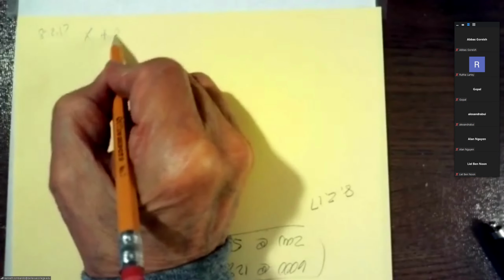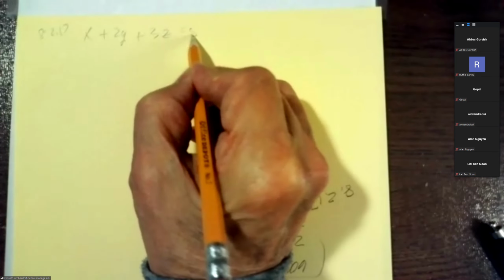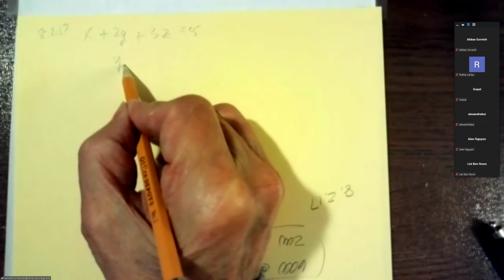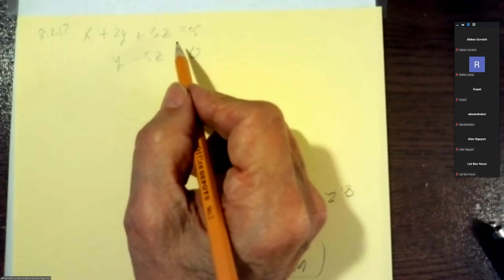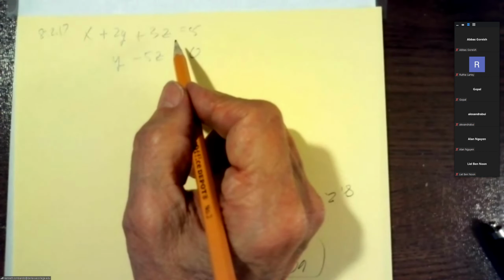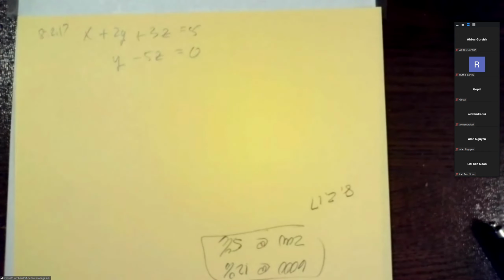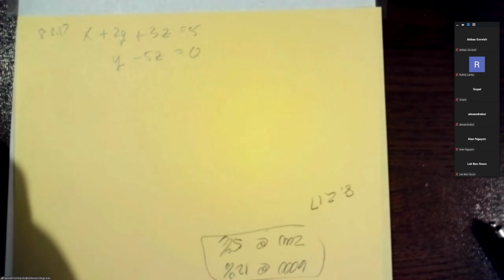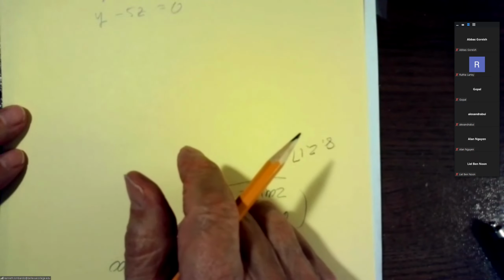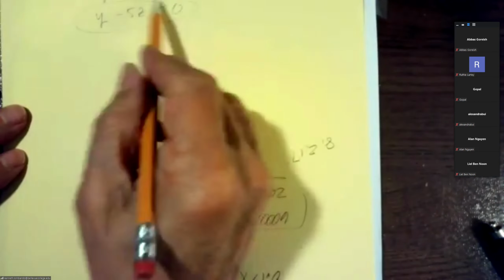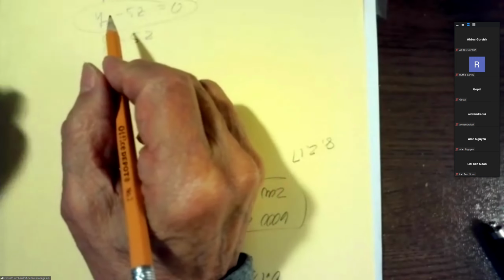That's x plus 2y plus 3z equals 5, and y minus 5z equals 0. And we are asked to eliminate and solve. All right. So if we solve this for y, for instance, we could say that's y equals 5z.